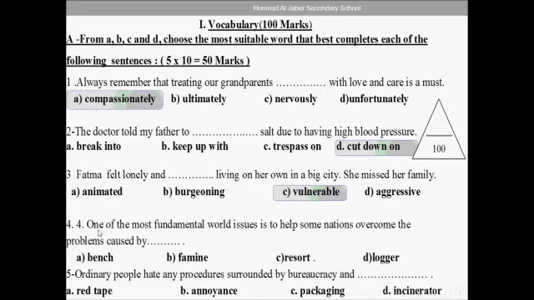One of the most fundamental world issues is to help some nations overcome the problems caused by. We have 4 words: pinch مقعد، famine مجاعة، resort منتجع، lugger حطاب أو قاطع الأخشاب. I want you here to just try to focus on some words that you may know, because it may appear from the very beginning that the sentence is a little bit difficult for most of the students to understand, but maybe you can guess the meaning of problems, you can guess the words world issues, nations overcome.